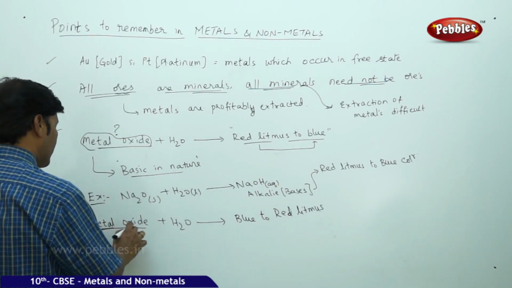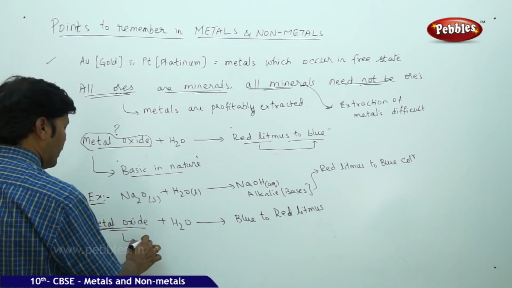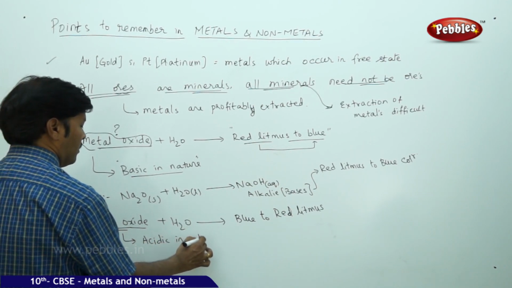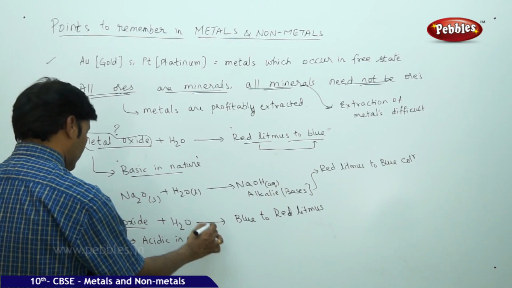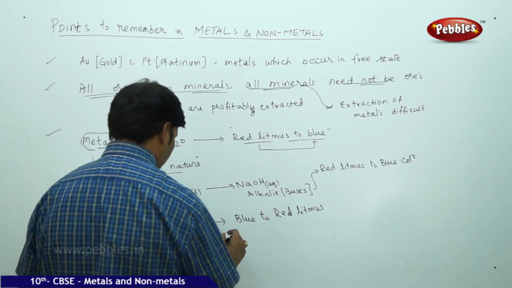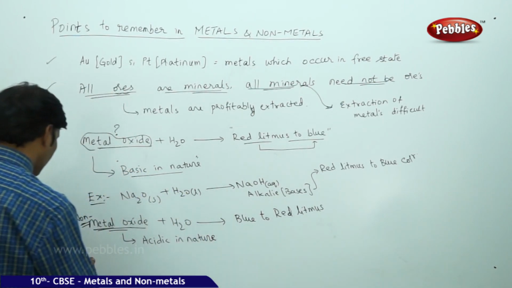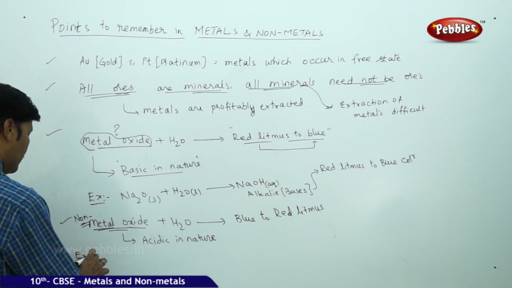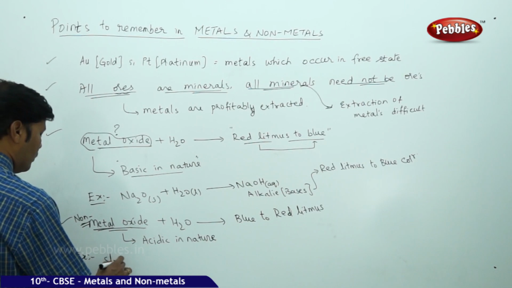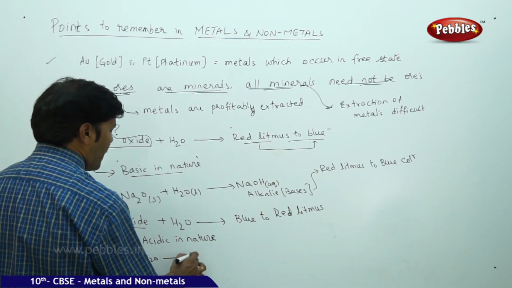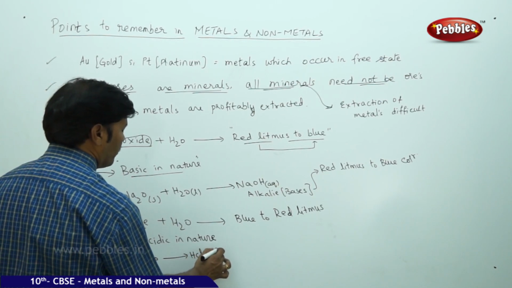All non-metal oxides are acidic in nature. For example, take chlorine: Cl2O7, chlorine heptoxide, which is a non-metal oxide, gives HClO4, perchloric acid.